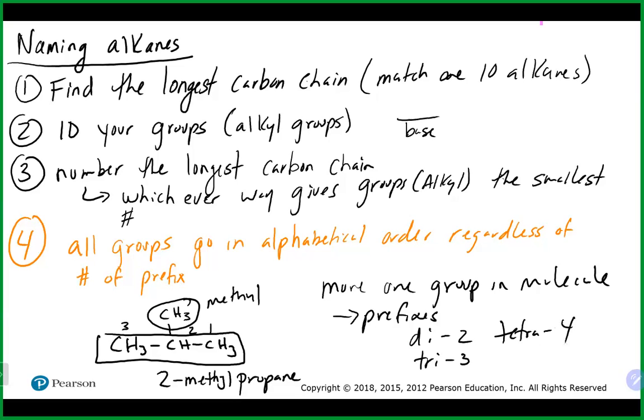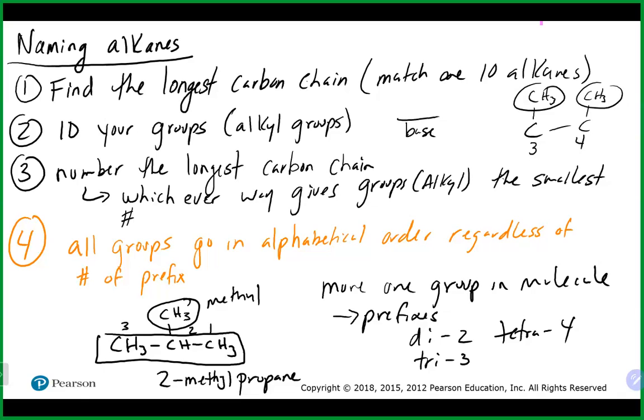So that would be something like, if you drew, I'll just draw the group part of it, say two methyl groups in a compound like that, you would still give the numbers of where they're located. We'll just imagine and pretend there's the rest of this molecule here. Say that's carbon 3 and that's carbon 4.